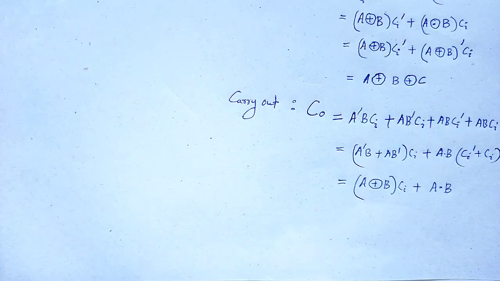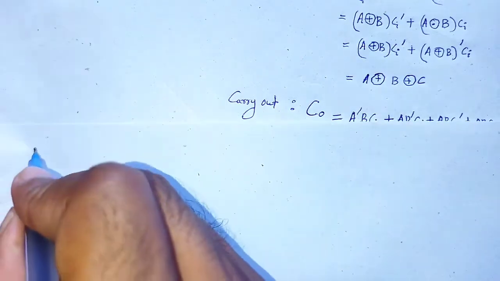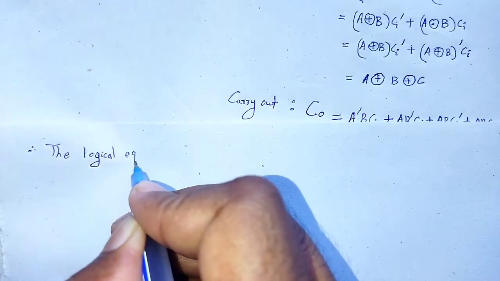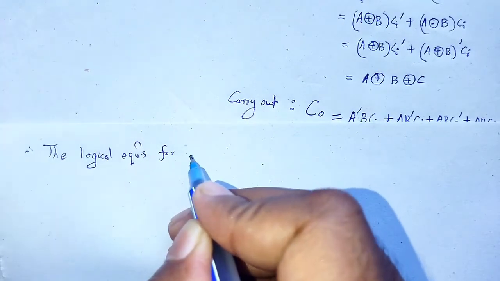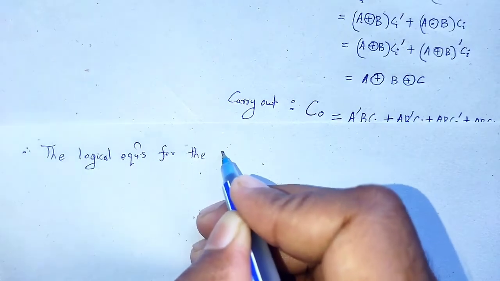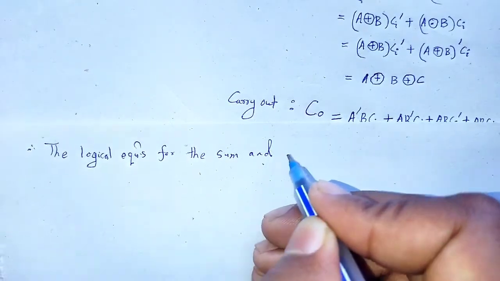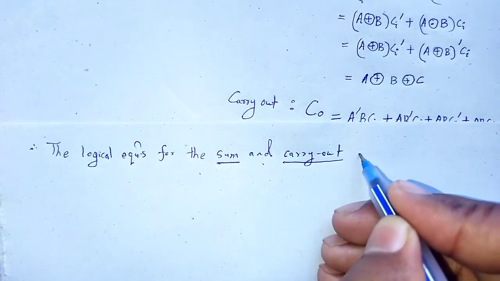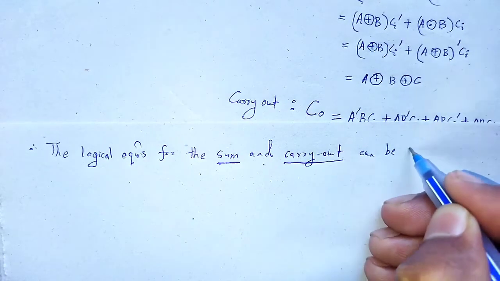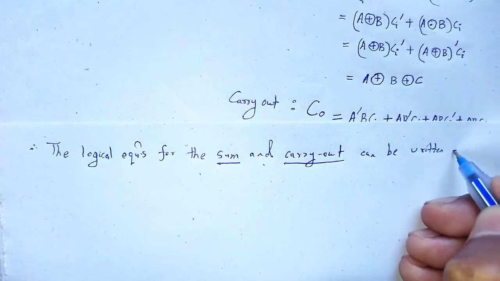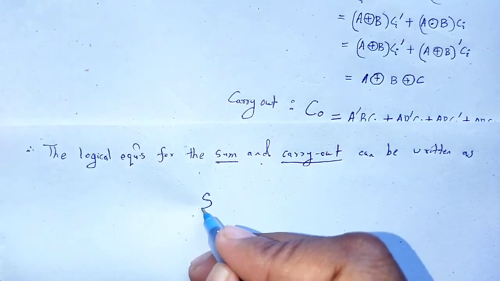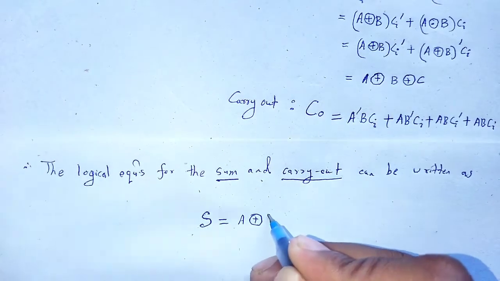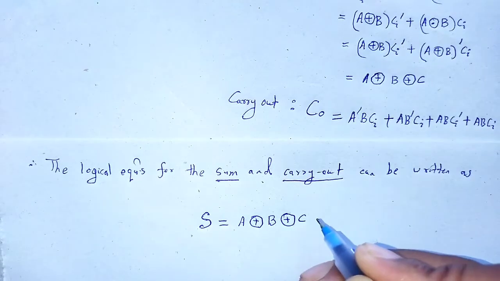So the logical equations for sum and carry out can be written as S, the sum, is equal to A XOR B XOR C.